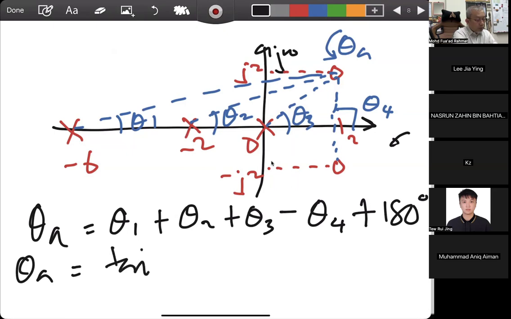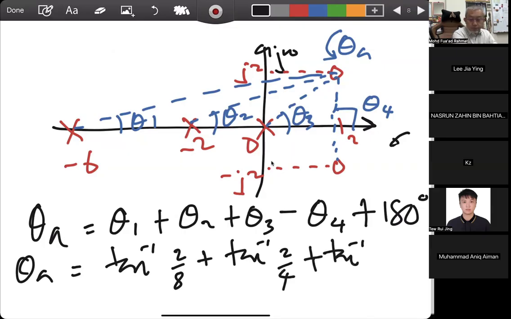Arctangent 2/8 plus arctangent 2/4 plus arctangent 2/2 minus 90 degrees plus 180 degrees.